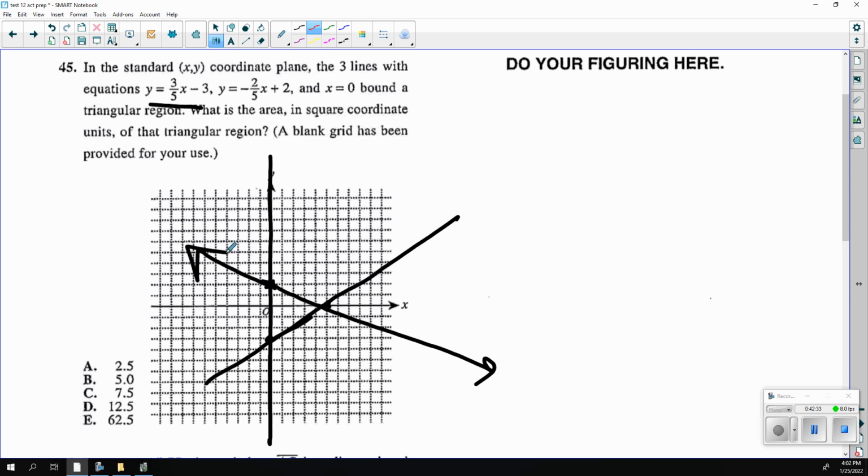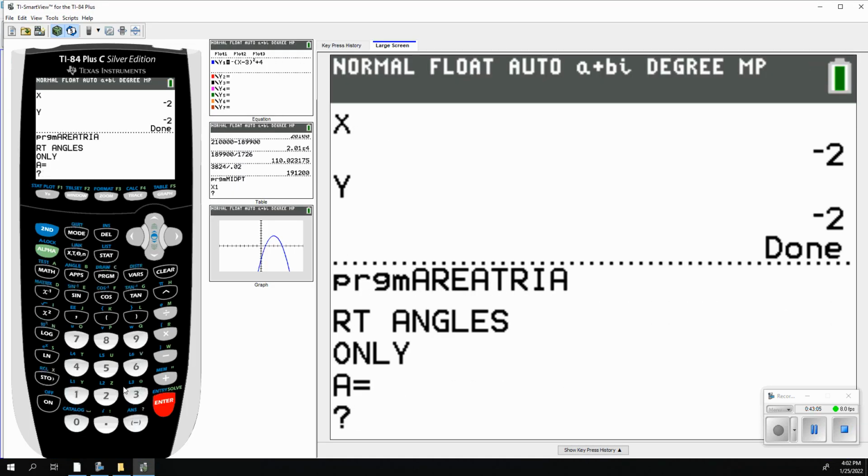Well, that's this triangular region right here. It has an altitude. I'm going to turn it sideways like they like to do. And I'm going to tell you that the altitude is 5. I don't want to make a mess, but that's this distance. And the base is also 5. So you can use your area of a triangle program and use 5 and 5 as the numbers.